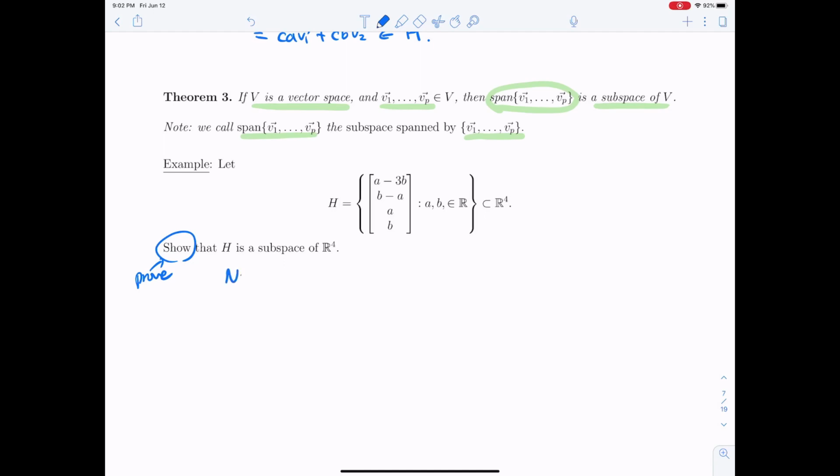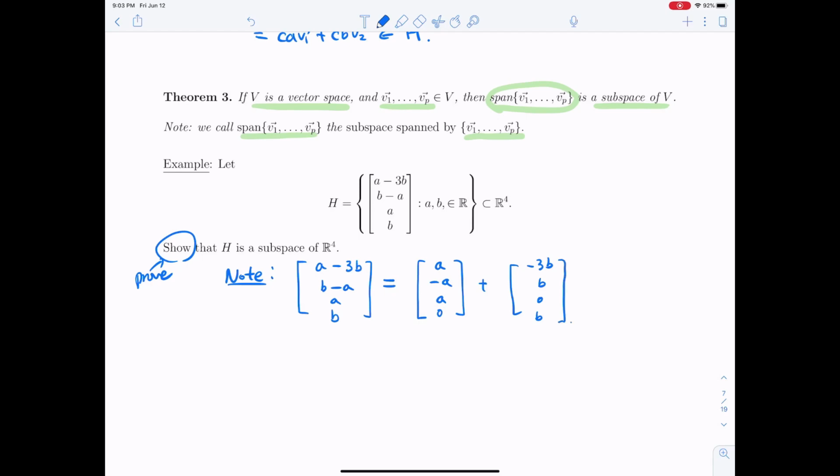So basically, we can observe that a general element of H, which is given by (a minus 3b, b minus a, a, b), can be split into two different parts. So for example, (a, negative a, a, 0) plus (negative 3b, b, 0, b). So I separated each variable.